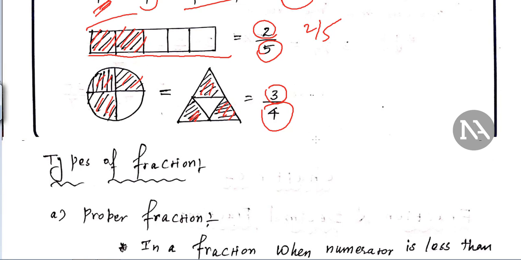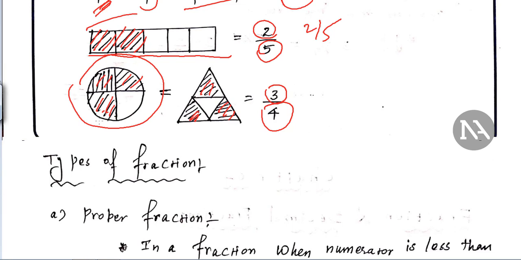Here the fraction tells us, you are doing a work and you have a complete work, something like this circle. You have to complete a whole work. The whole work has been divided into 4 parts. Like eating some pizza.